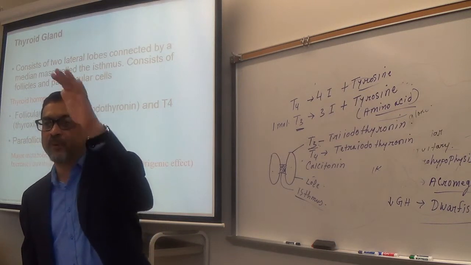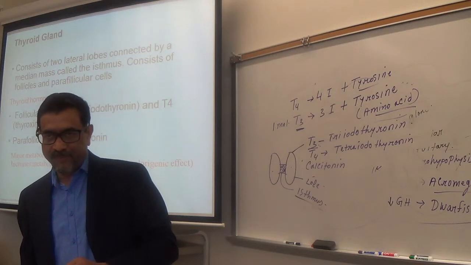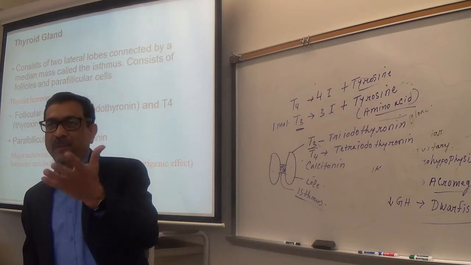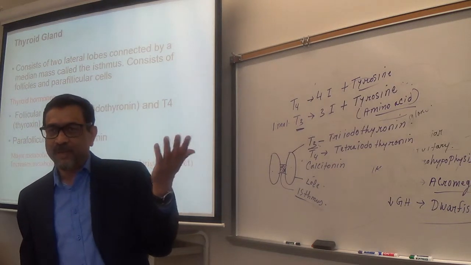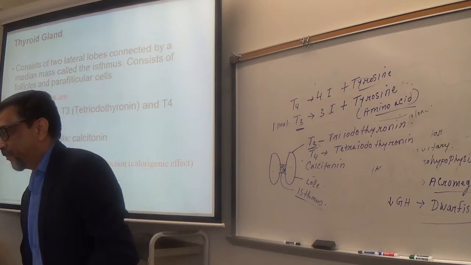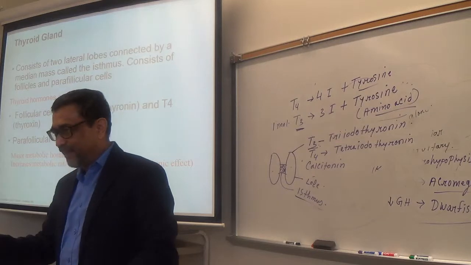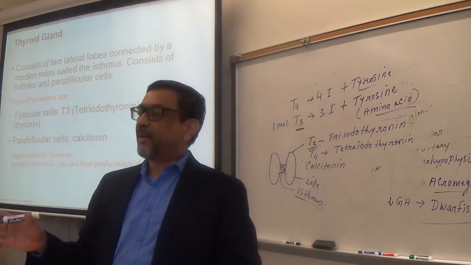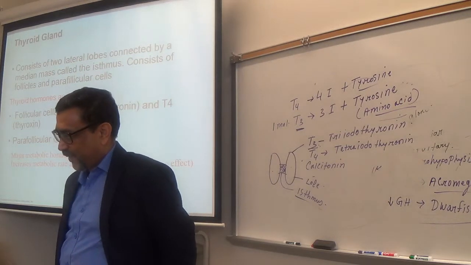Production of thyroid hormone will be less. Hypothyroidism. Make sense? Or if someone has less tyrosine, that will do the same. That is called hypothyroidism. Hypo means less, right? Less function of the thyroid gland, hypothyroidism.